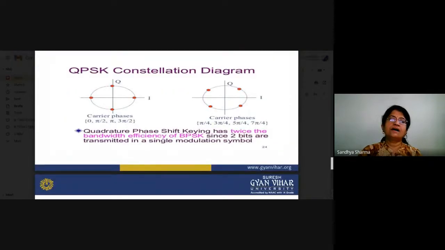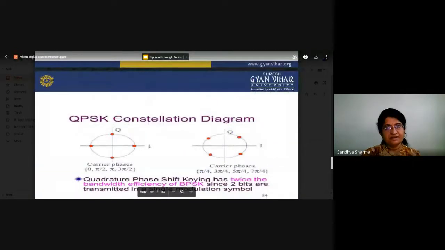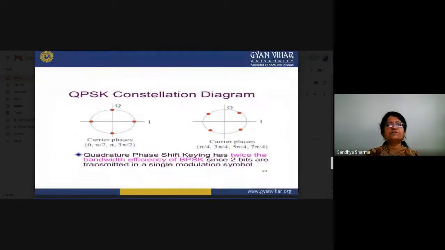Now, after seeing the binary PSK system, we will switch a little bit to the QPSK system, where Q stands for quadrature. There are four symbols. We can place the four symbols either on the reference x and y axes, or somewhere apart from that. There is only a change in the carrier phase.